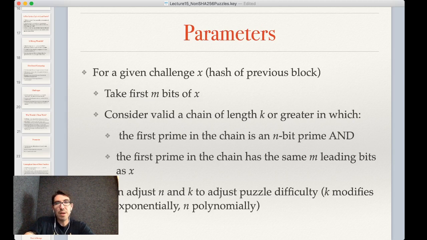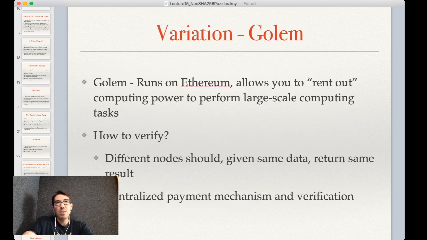So this is one interesting chain, and it is out there, and you can look into Primecoin if you're interested in one form of proof of useful work. Golem is not exactly a cryptocurrency per se. It runs on Ethereum, but it is a variation on this proof of useful work that I think is interesting to look into.